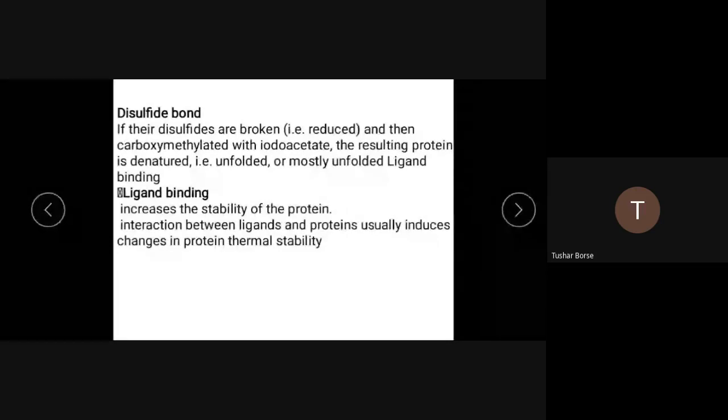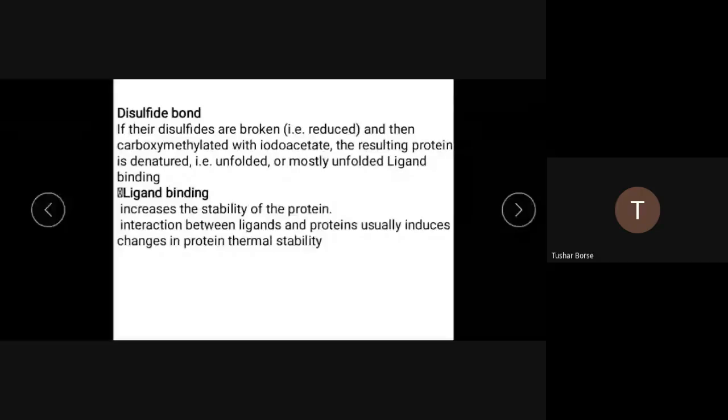Another point is ligand binding. Ligand binding increases the stability of a protein. Molecules able to bind with a protein are called ligands. A well-known ligand is the O2 molecule that binds in hemoglobin or myoglobin structure.